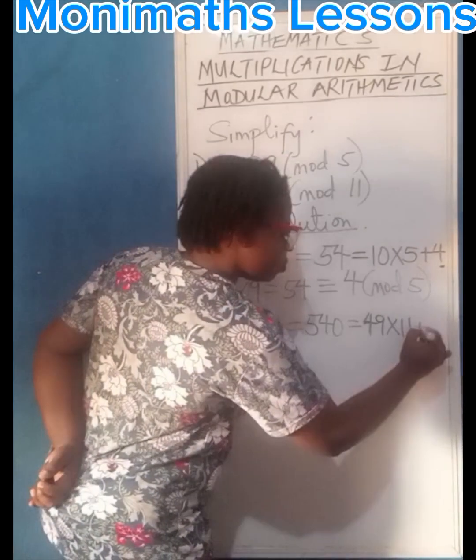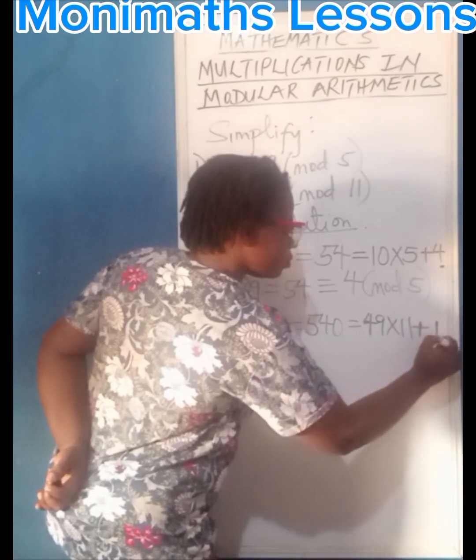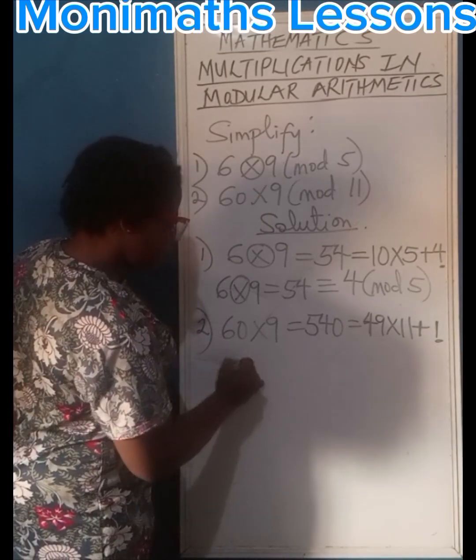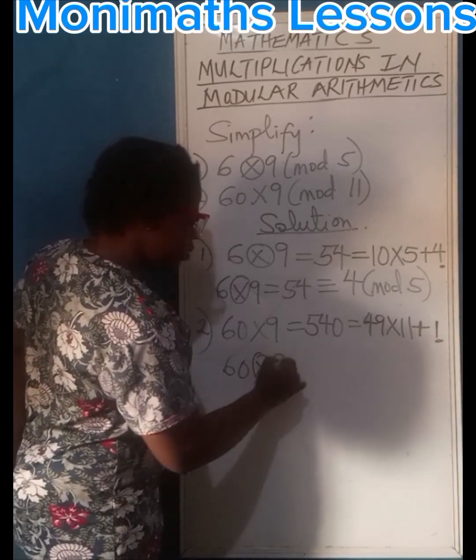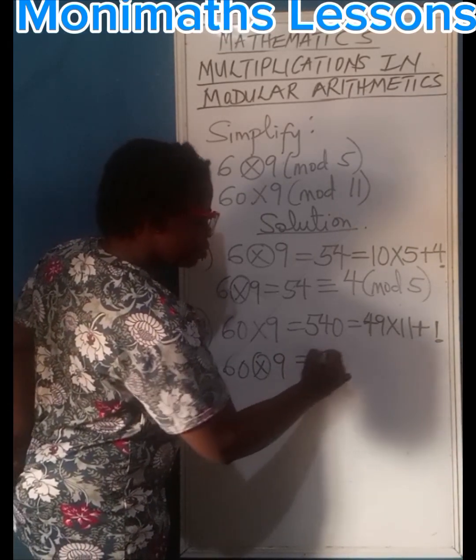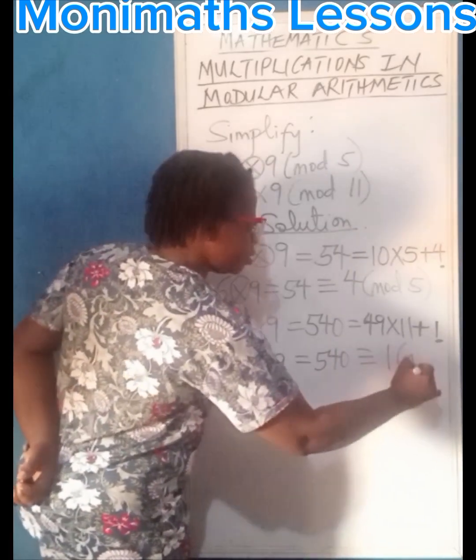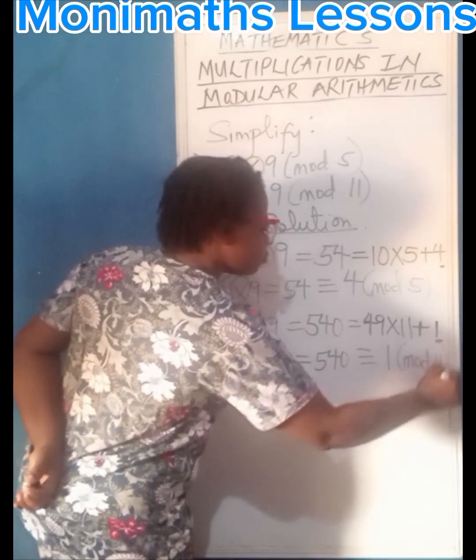So plus 1. Giving us 60 times 9 equal to 540, which is equivalent to 1 in mod 11.